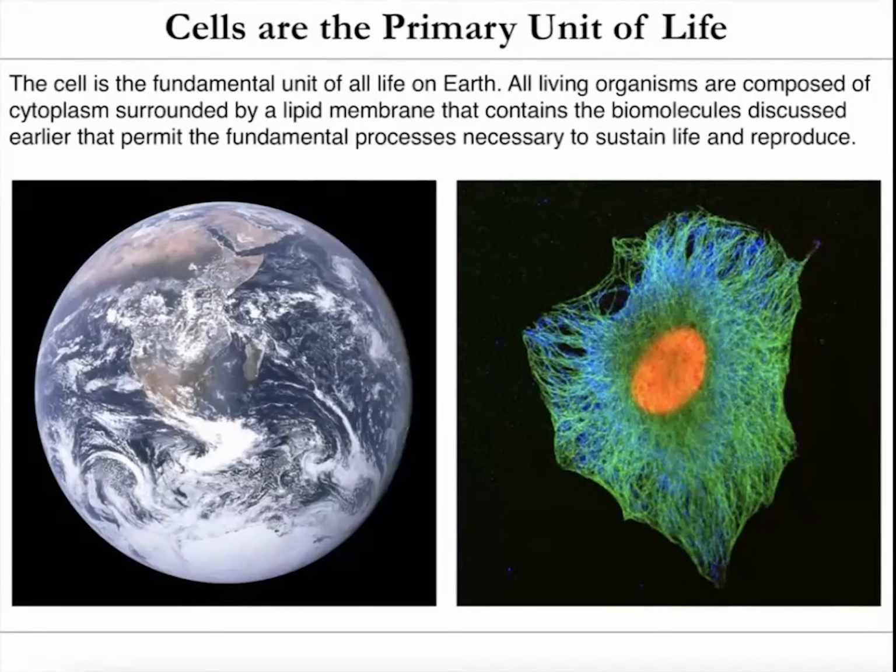Every single living organism on the planet is composed of a cell. That's cytoplasm surrounded by a lipid membrane. This is a lipid membrane surrounding the internal environment, which is cytoplasm, that contains biomolecules that we've been talking about for the first 4 lectures in this course.